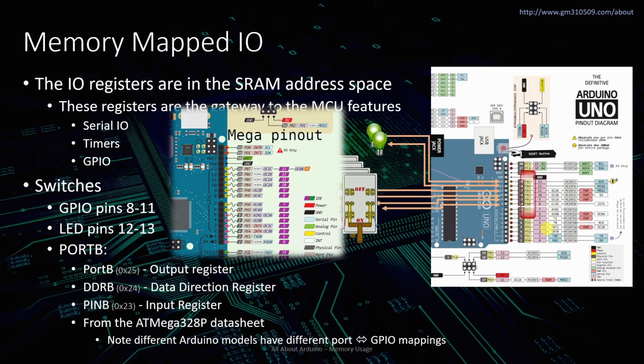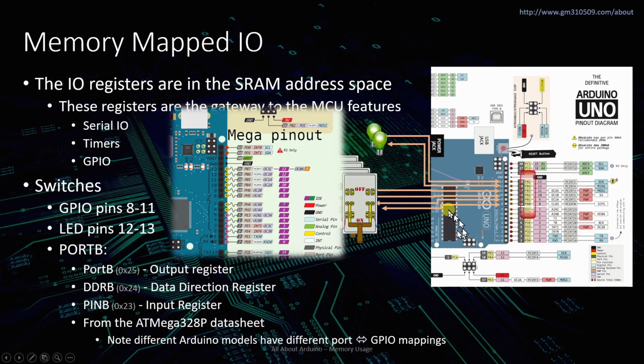And in part, that's to do with what the extra functions of the pins are. So for example, here we look at pin 5. That has a PWM capability. So when Arduino designed these, they tried to give some sort of compatibility and always ensure that pin 5 on a Mega would be PWM.